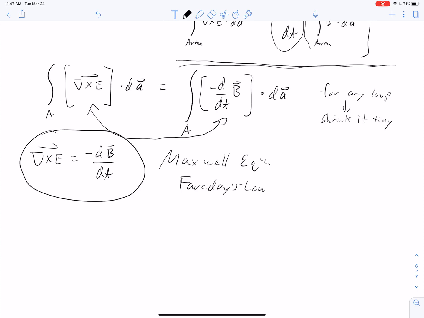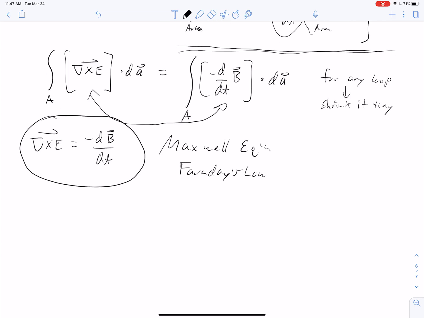And it's a really big deal, because basically it's telling me that we used to think that del cross E is zero for electrostatics, and it is equal to zero for electrostatics when nothing's changing. But we see now that del cross E is equal to negative dB dt when things are changing.